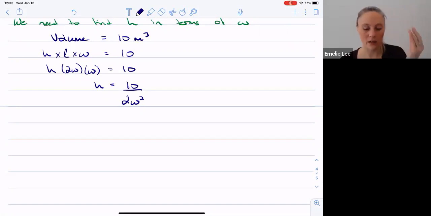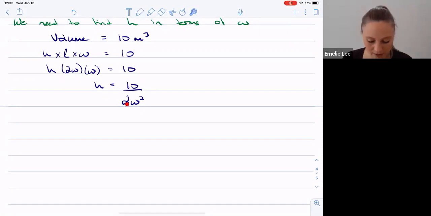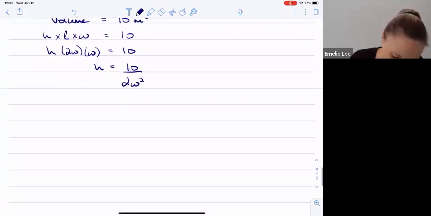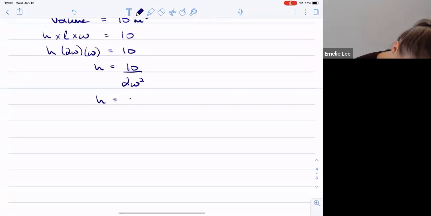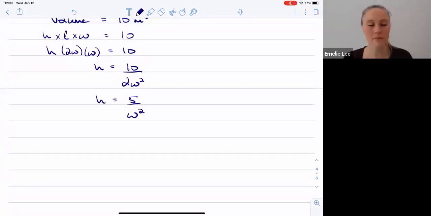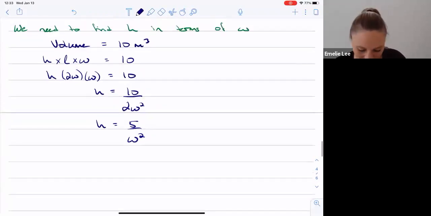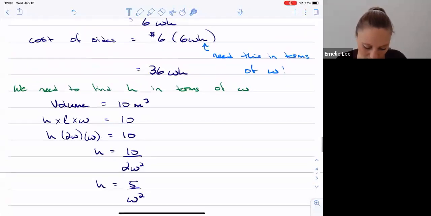So now I can simplify this. 10 divided by 2 is 5, right? 5 divided by W squared. So H is 5 divided by W squared. So now I can take this H and plug it in place here, and it's going to simplify things a little bit.